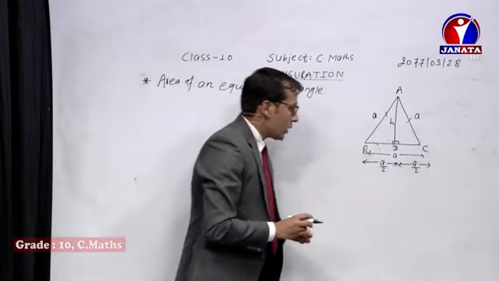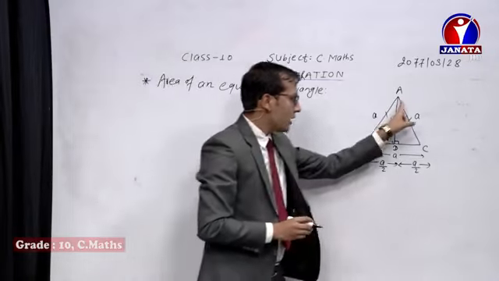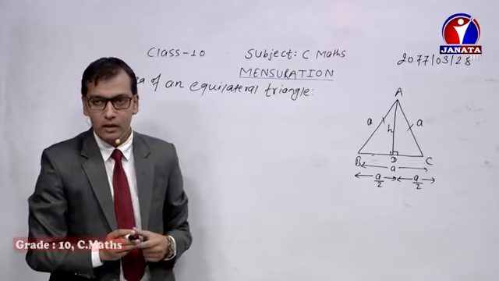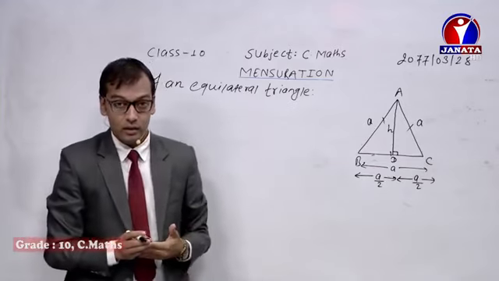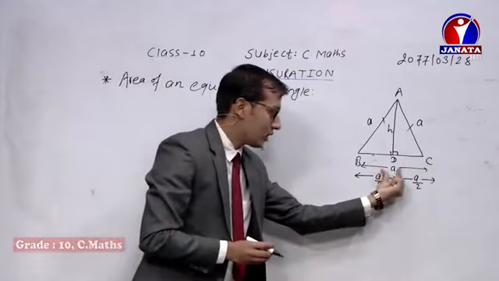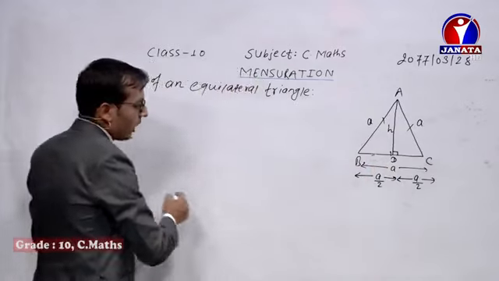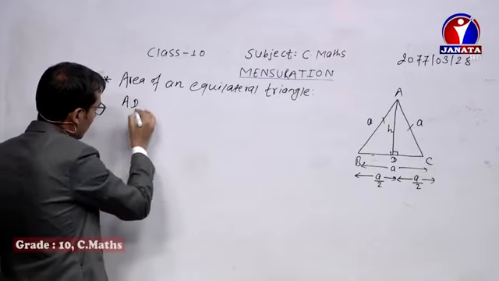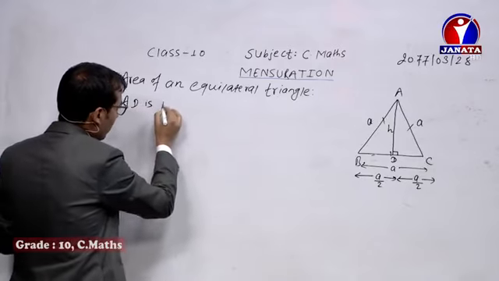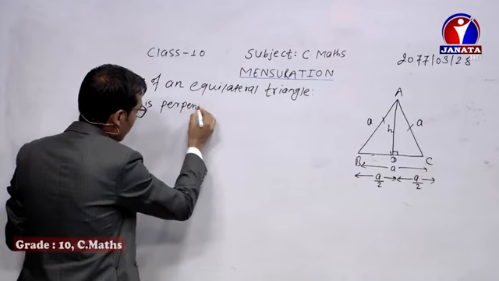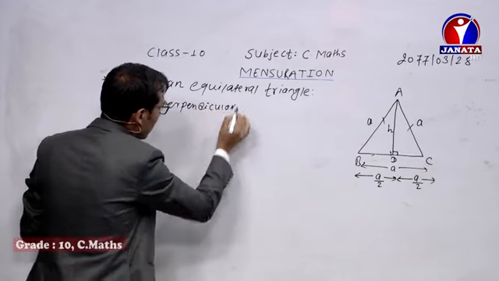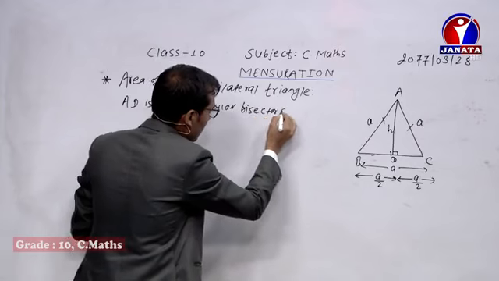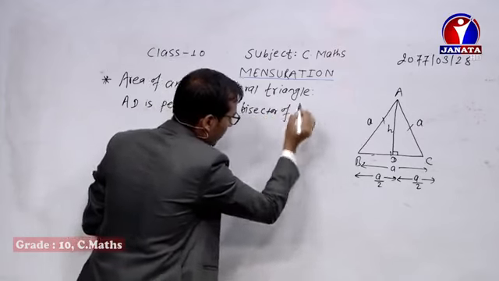So let's take the right angle triangle ADC, and we can find the height in terms of the side A. Here AD is the perpendicular bisector of BC.